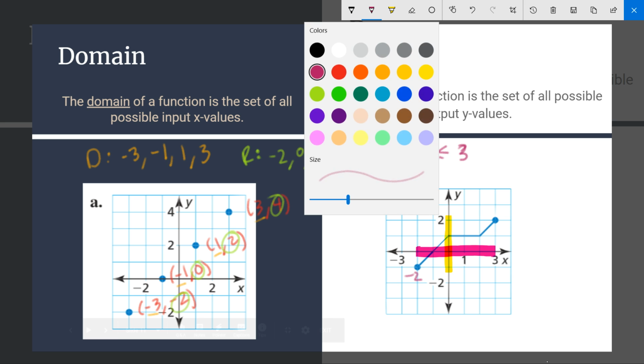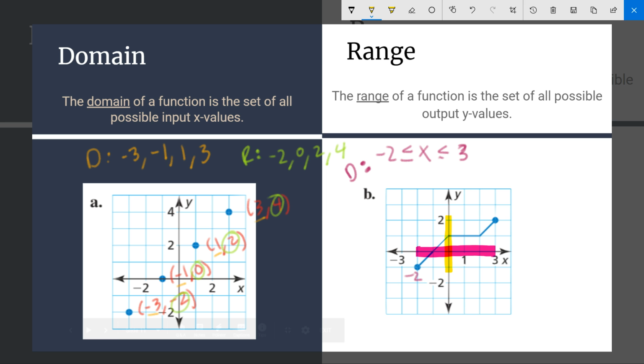Let's go yellow so it matches. So range, when we're talking about range, we need to use the variable y, because it's y values. I didn't say that when we were doing the inequality for domain, but when you're doing domain, you need to use the variable x, because we're talking about x values. Okay? So all of the y values are between -1 up until 2.